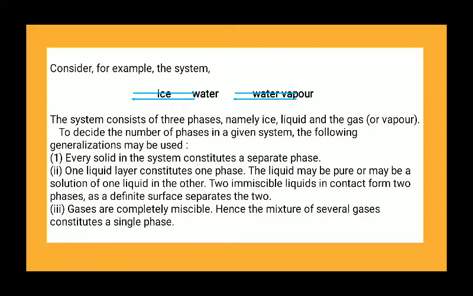Two immiscible liquids in contact form two phases, as a definite surface separates the two. For example, when we add kerosene to water, we get two separate layers. That means it consists of two phases. Whereas gases are completely miscible, hence the mixture of several gases constitutes a single phase.